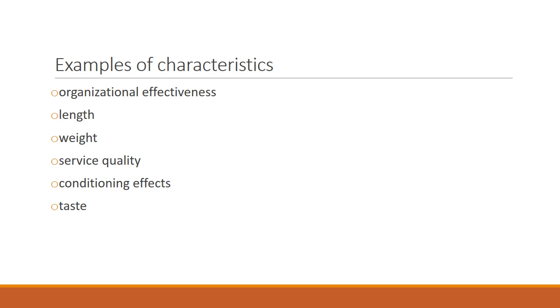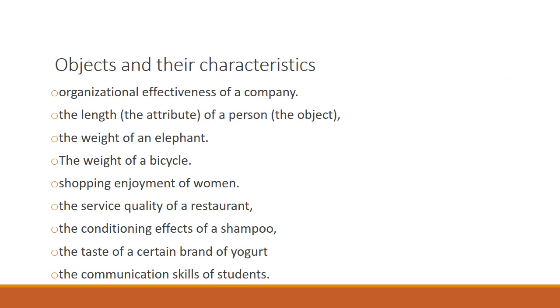Weight could be a characteristic of an elephant. Service quality could be the characteristic of a hotel. Conditioning effects could be the characteristic of shampoo. Taste could be the characteristic of food or yogurt. Okay.